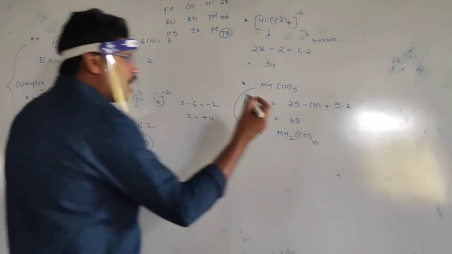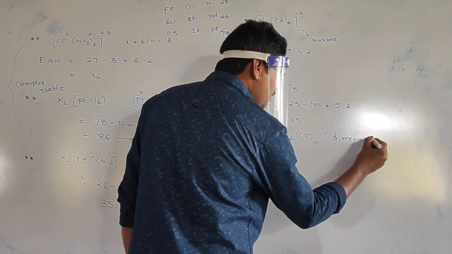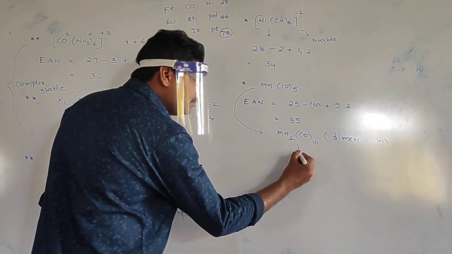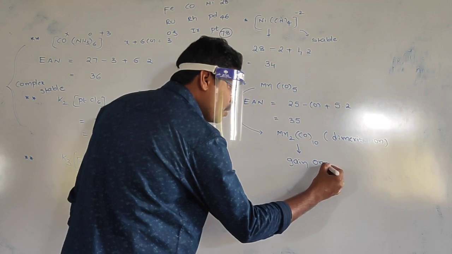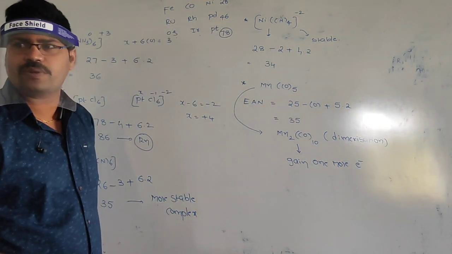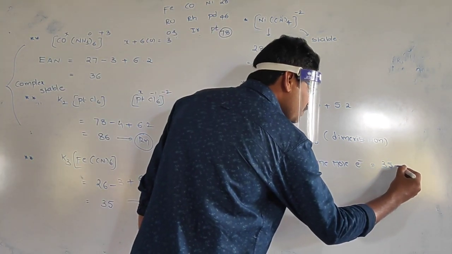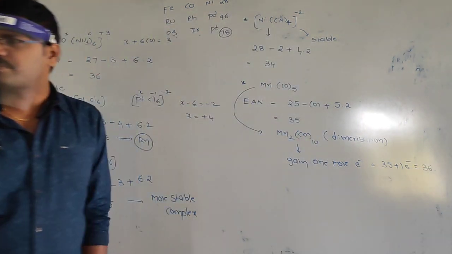So this is how Mn(CO)5 exists as a dimer. Upon dimerization, Mn(CO)5 gains one more electron. When dimerization happens, one electron is definitely gained. So once it gains one more electron, 35 electrons becomes 36.